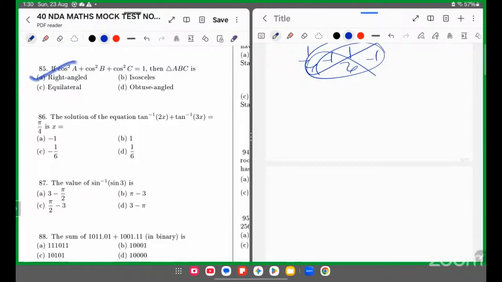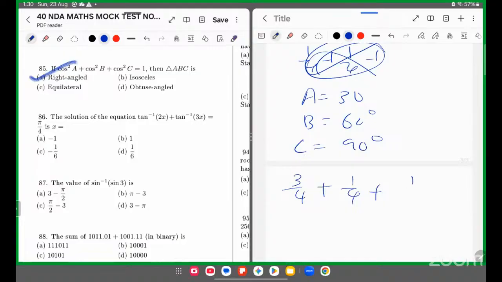For example, A equal to 30, B equal to 60, C equal to 90: cos square 30 is 3 by 4, cos square 60 is 1 by 4, cos square 90 is 0. So 3 plus 1, 4 by 4, equals 1. So the answer is right-angled triangle.